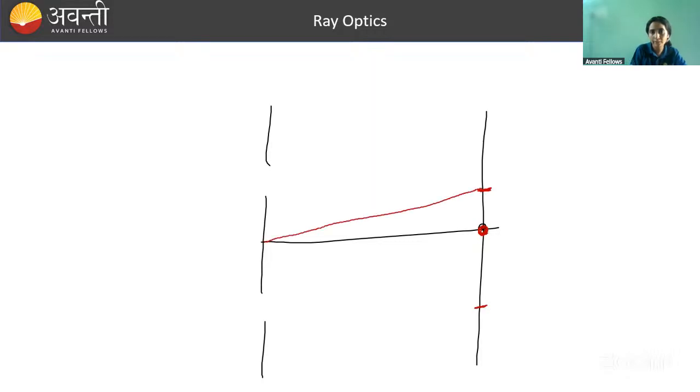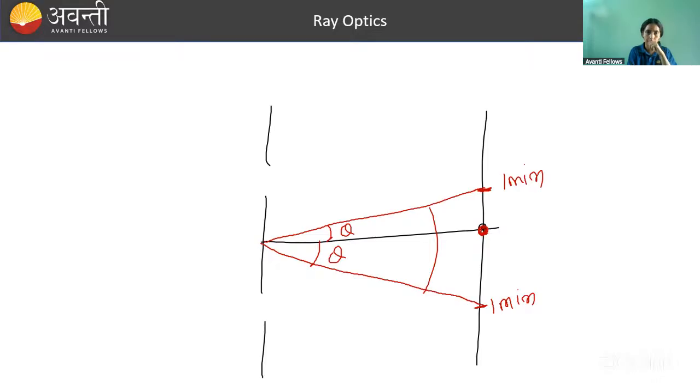If this is the angle of first minima, then first minima on the other side of the screen will also make angle theta, because both are first minima. In this region, you can talk about the angular width of central maxima.